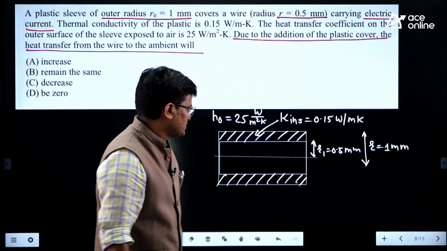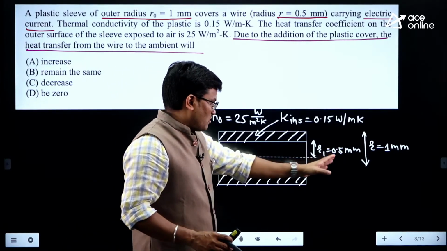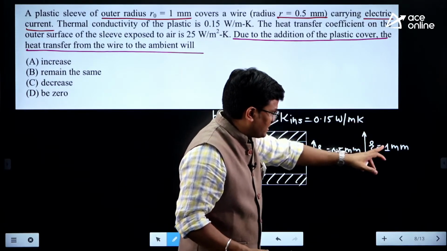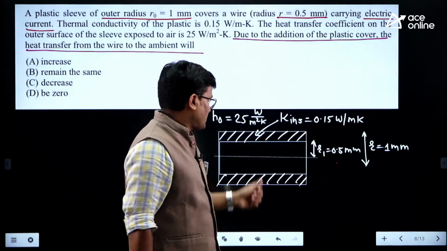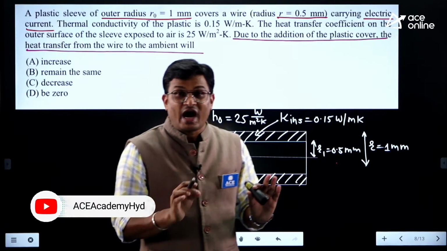These are very common questions in the GATE exam. There is an electric wire of 0.5 mm radius, and we put a plastic sleeve of 1 mm, with plastic thermal conductivity 0.15 and H naught 25.